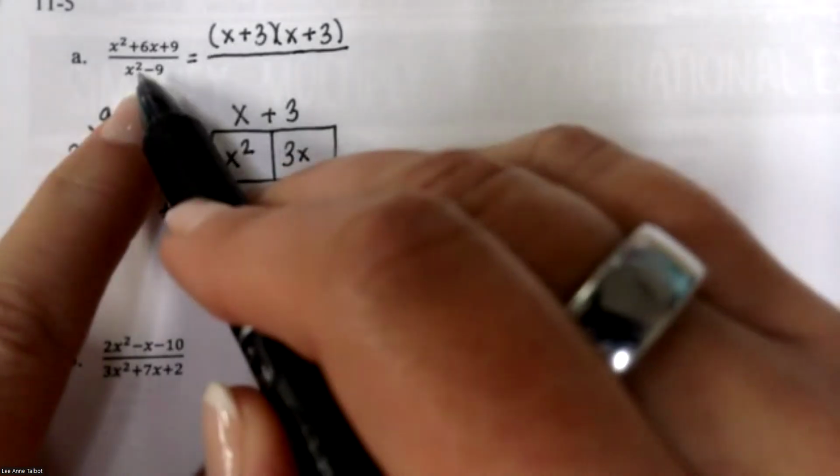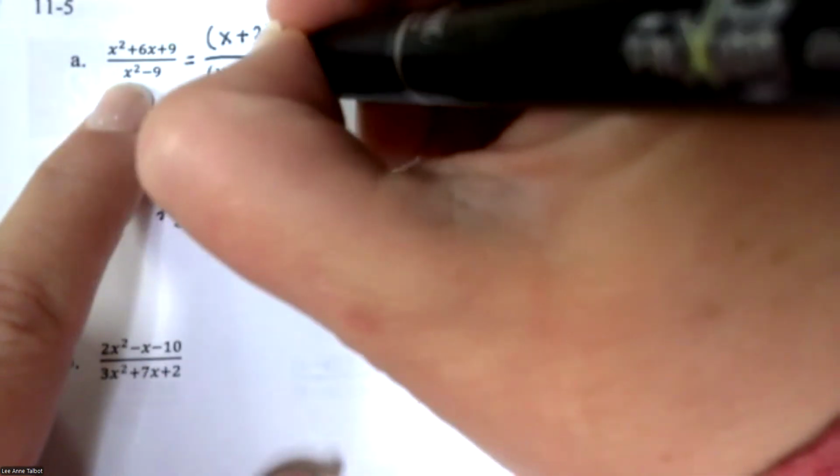I don't want to do the diamond and box. So difference means it's subtraction, and these are two perfect squares. What you do is you take the x squared and break it into x and x, and take the 9 and break it into 3 and 3, and then you have 1 plus and 1 minus.